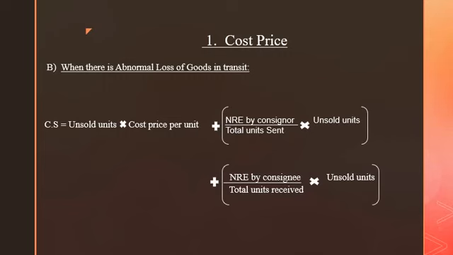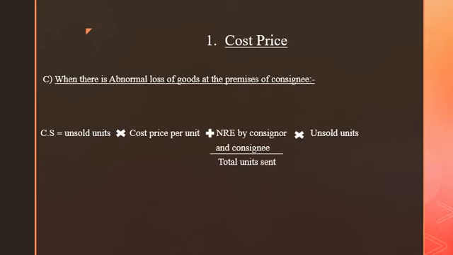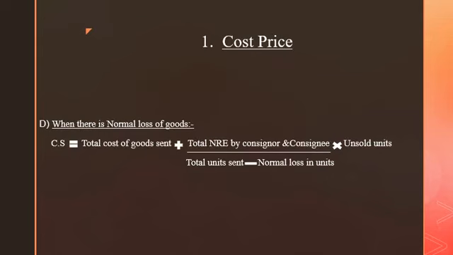The third one, when there is abnormal loss of goods at the premises of the consignee, the same way you will be writing the formula, only where it is written cost price, there you will be writing invoice price per unit, and so on for the next two formulas as well.